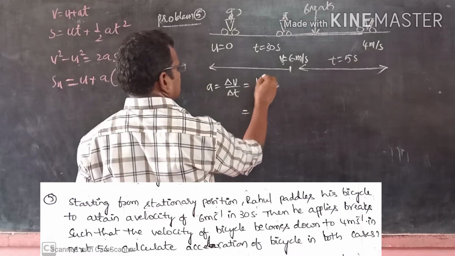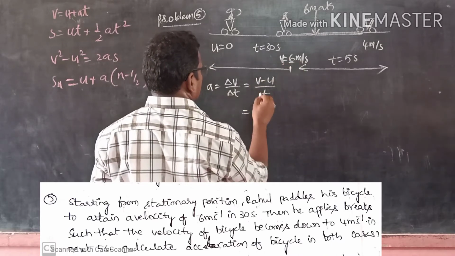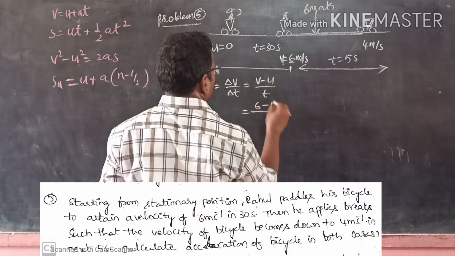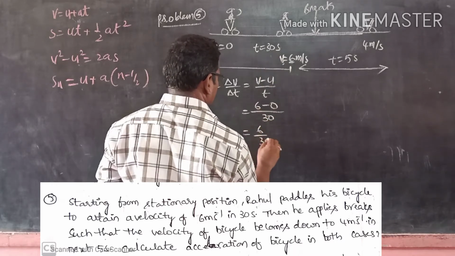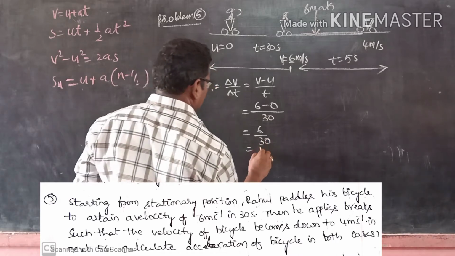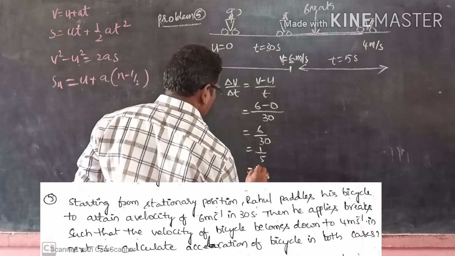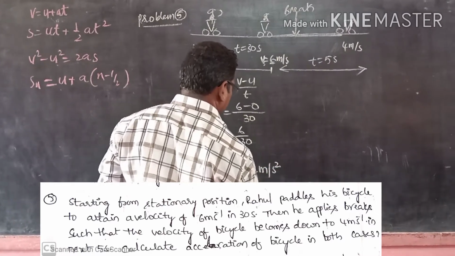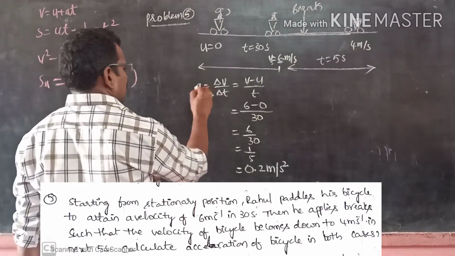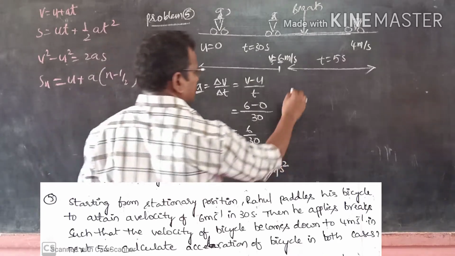What is the final velocity here? 6 meters per second. Initial velocity is 0. Time interval is 30. Now it becomes 6 by 30, which is 1 by 5. This value is 0.2 meter per second square, because we are calculating acceleration.